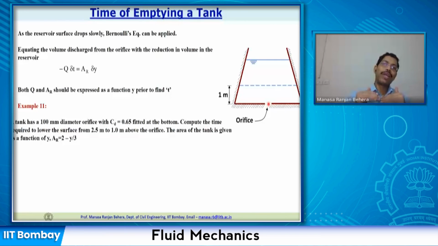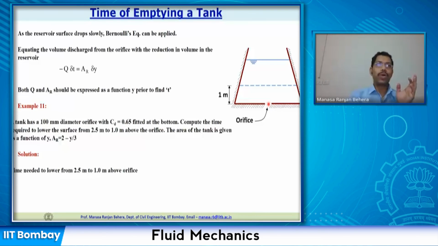So we are trying to find how much time it will take for the water level in the tank to come from 2.5 meter to 1 meter. The area of this tank is given as a function of y, that is 2 minus y by 3. Now let us write down the equation.